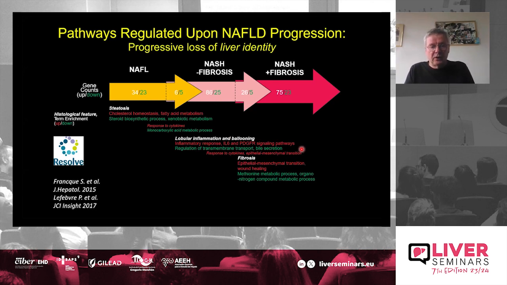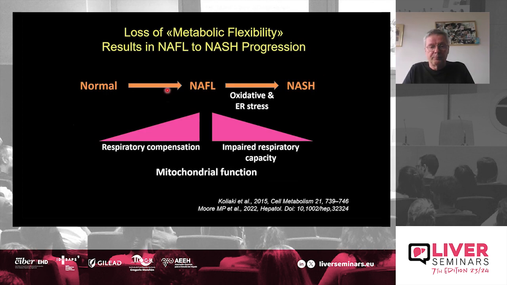But the interesting part is that the transcriptomes of the next stage are already visible in the previous stage, and that suggests that the disease is indeed a progressive disease, an issue which was a discussion at a given time.